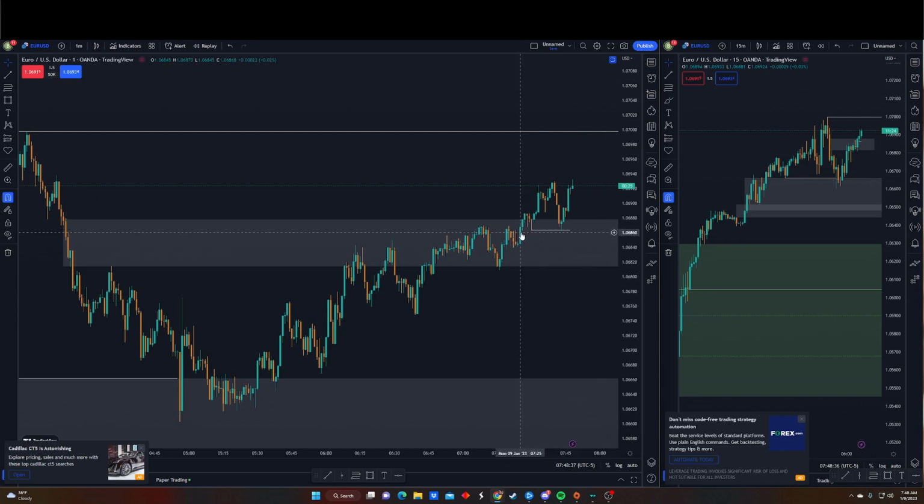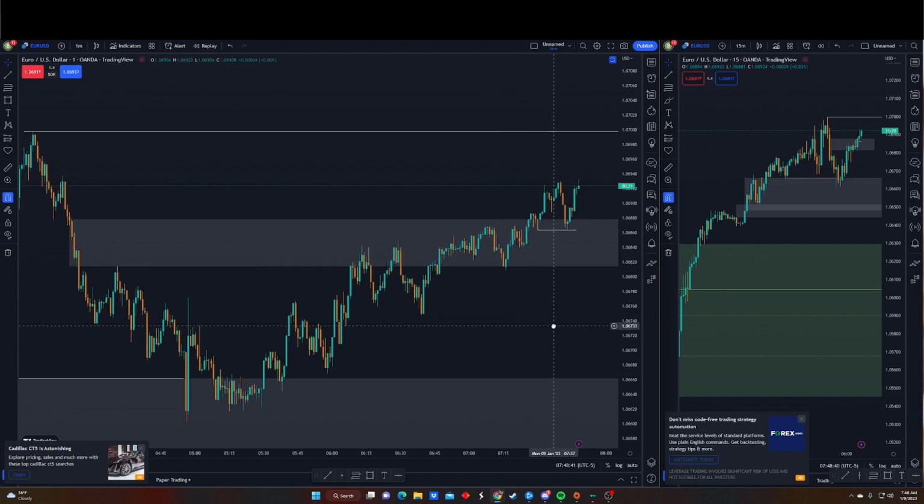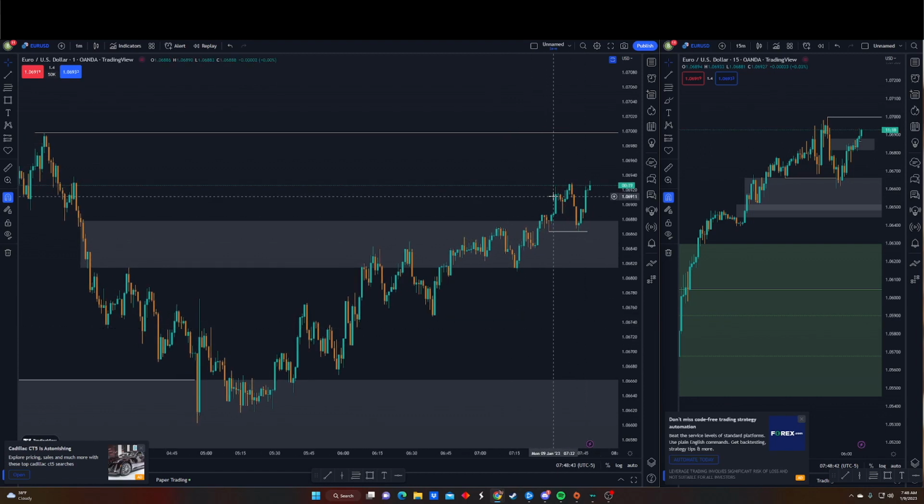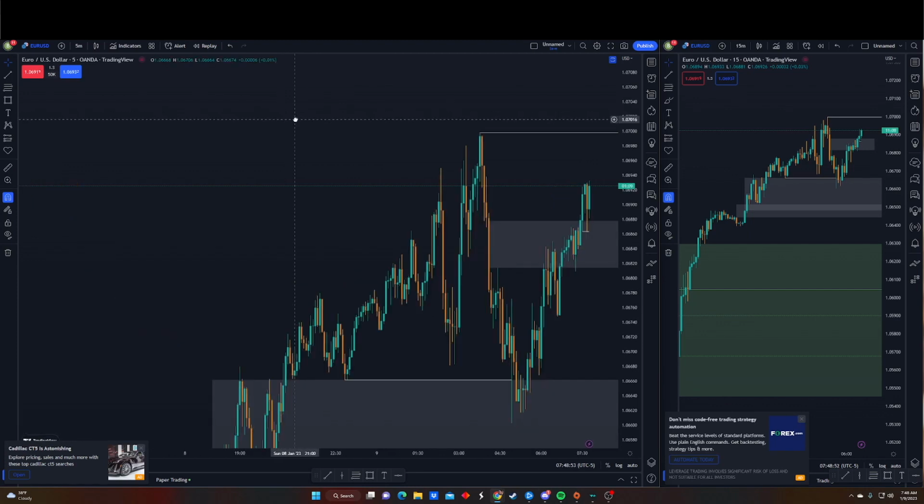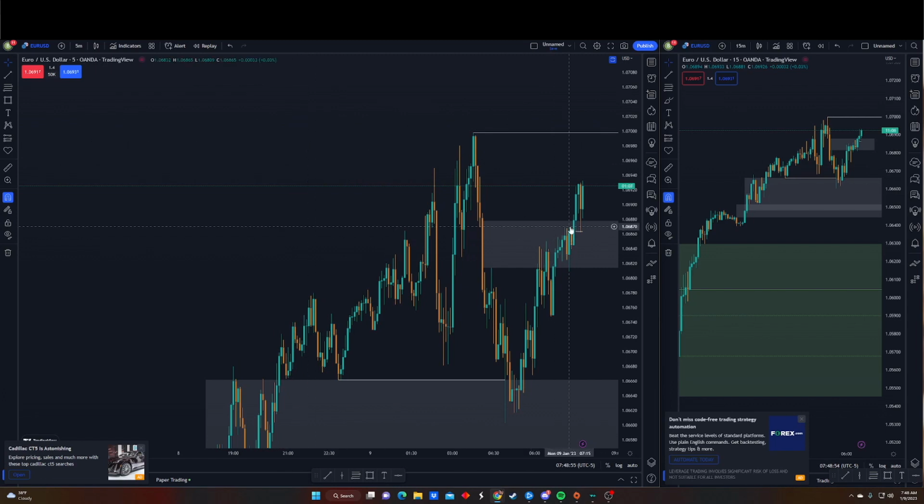And also that fair value gap there. Now sometimes this would trip me up. See that as a breaker, thinking price was bearish, but higher time frame draw. It's also a 5-minute order block right there.